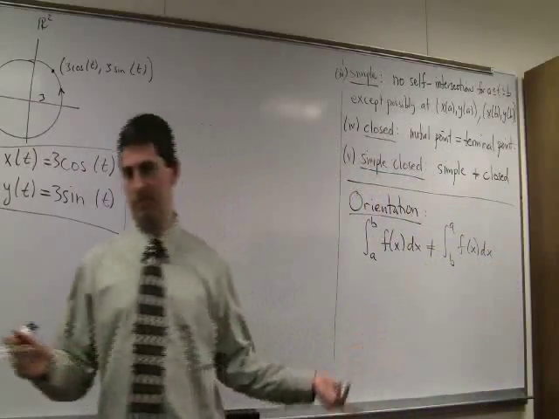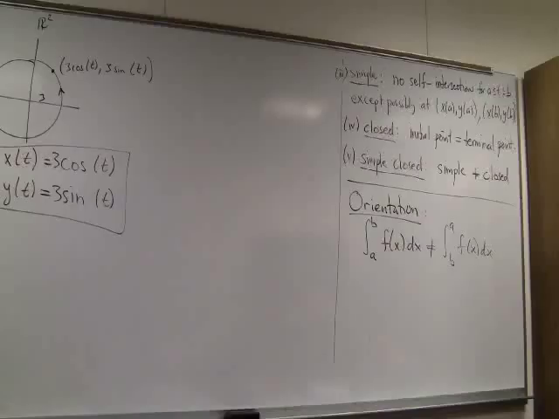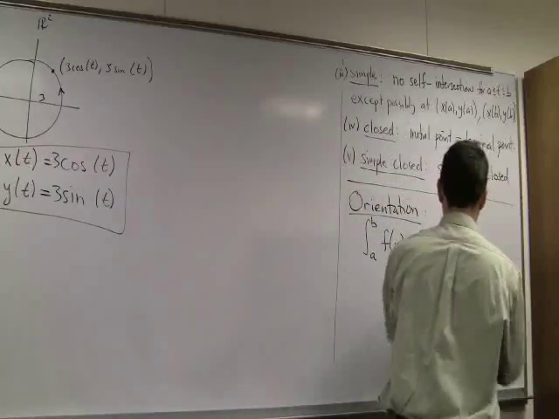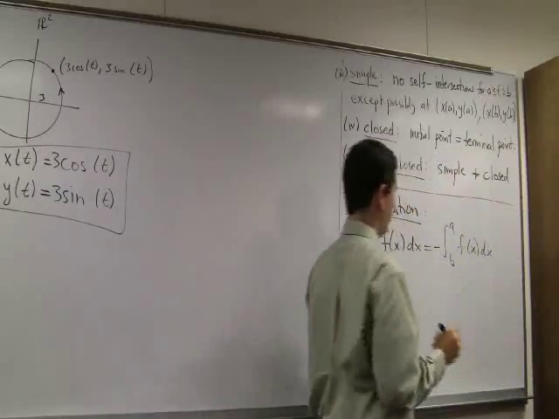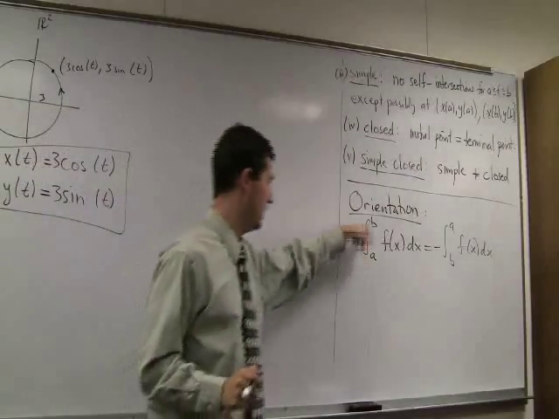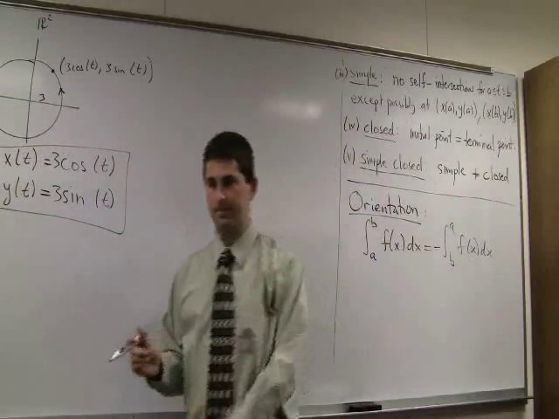In fact, it is the opposite, the negation of the other. So it equals the negative of it. This negation is coming because you're reversing the orientation of the path.